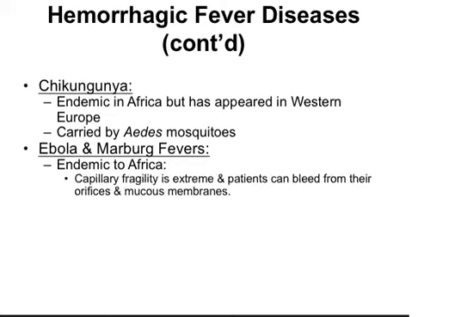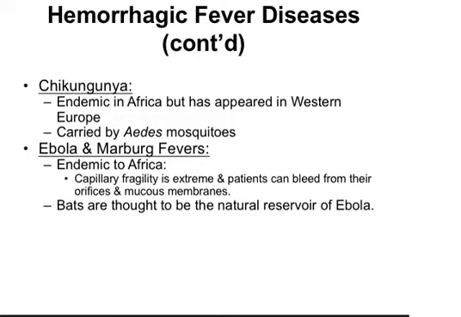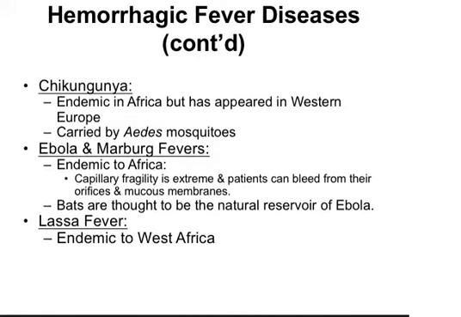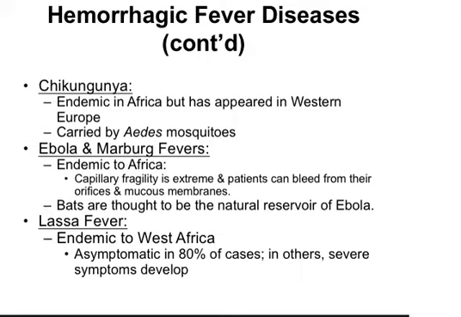Ebola is endemic to Africa, causing capillary fragility and causing the patients to basically bleed out of their open areas and through their mucous membranes. Bats are thought to be the natural reservoir for Ebola. Lassa fever is endemic to West Africa. It's asymptomatic in 80% of cases, and in others we see severe symptoms.